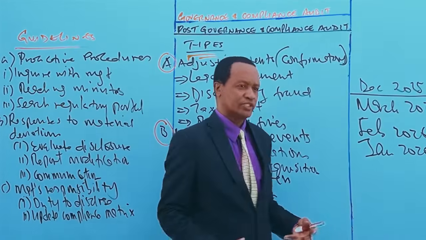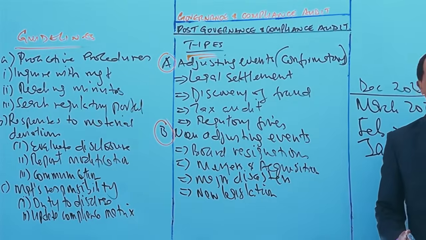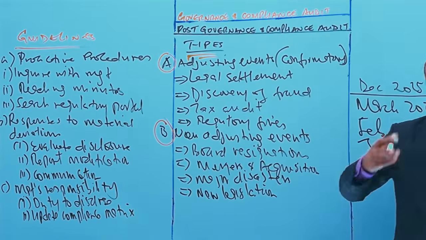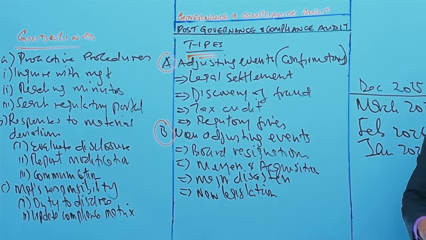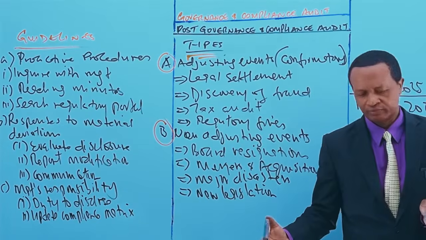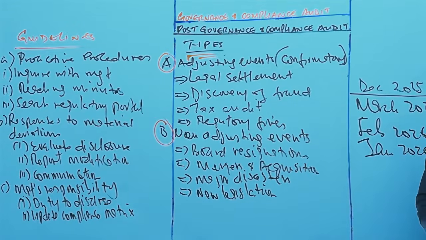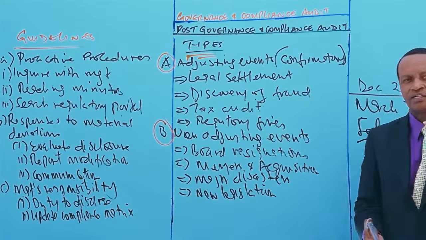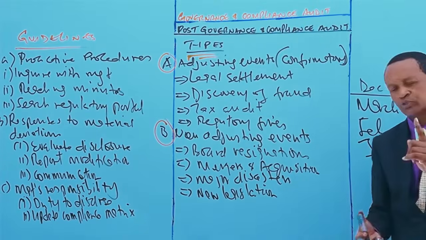And in closing, candidates, we need to remember that if a material fact becomes known after the governance audit report has been issued, then the auditor is required to take action. Number 1, the auditor has no legal obligation to perform further procedures, but there is one exception.